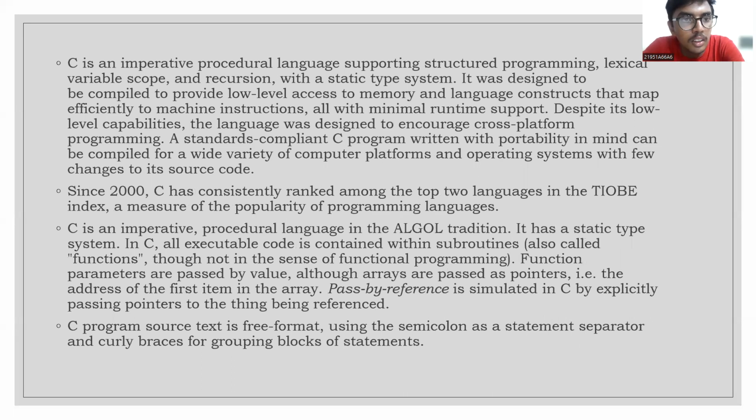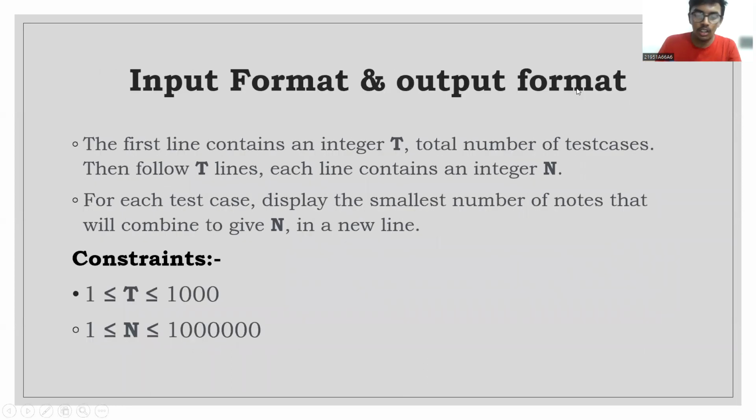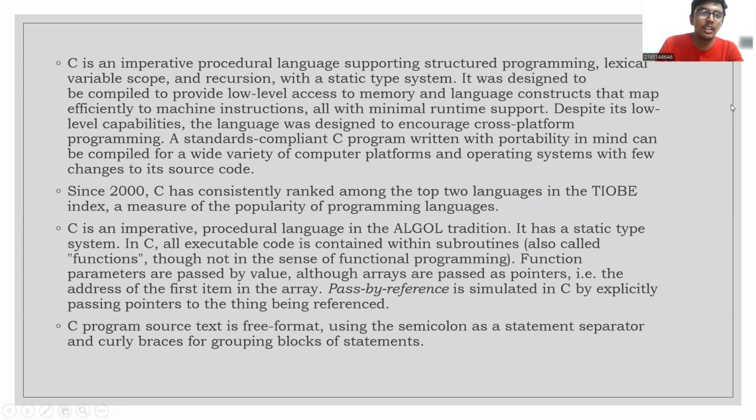C is an imperative procedural language supporting structured programming, lexical variable scope and recursion with a static type system. It was designed to be compiled to provide low-level access to memory and language constructs that map efficiently to machine instructions, all with minimal runtime support.